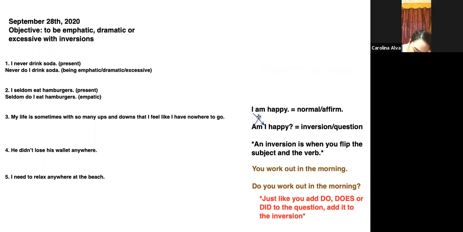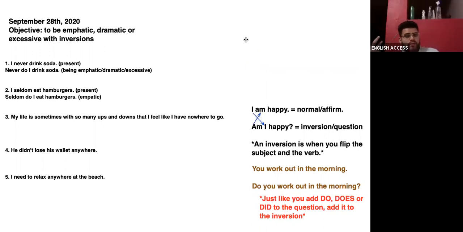Like I said, we use inversions to sound emphatic, formal, dramatic, or excessive, depending on the context. But what is the formula for this? Now, it depends on what type of sentence you're working with.